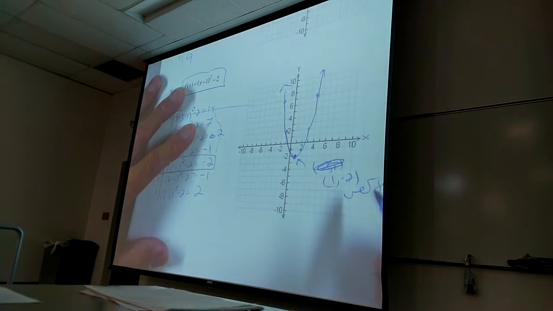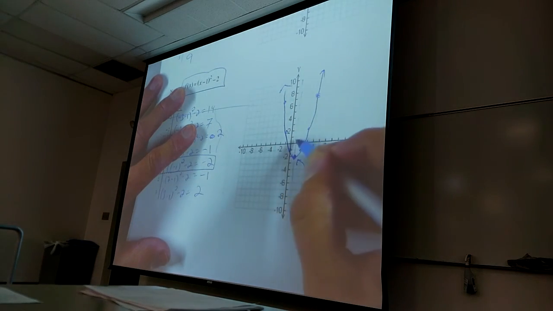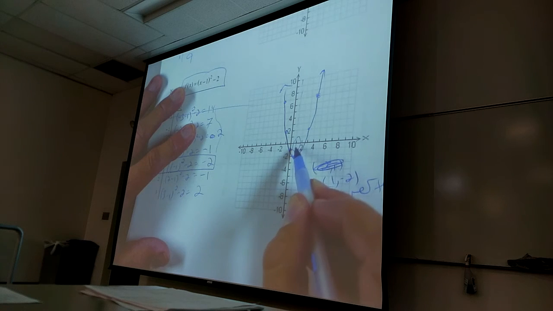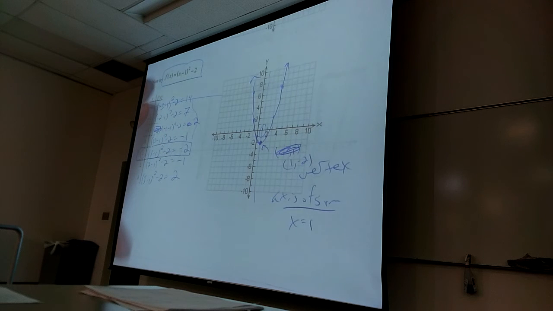Can you draw it in? X equals, no, x equals 1. That's y. So the axis of symmetry would be x equals 1.